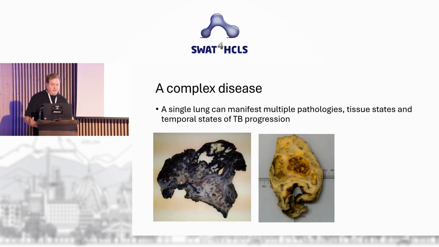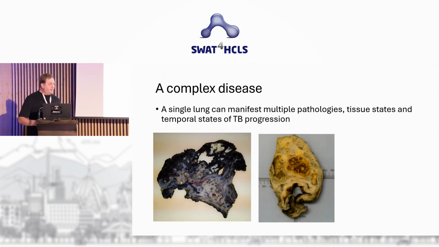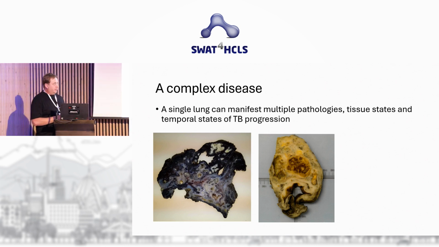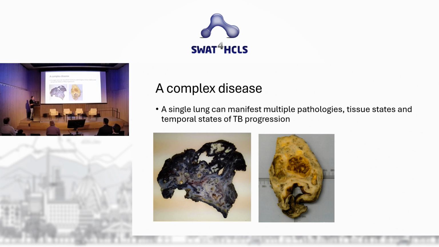In addition to that, TB is a complex disease. So these are 2 lung portions from 2 different patients. And you can see, let me get the laser going, there are various different pathologies that can happen in advanced TB. You can get calcification. I think that's a calcification there. You can get caseous necrosis. You can get fungal infections once you've coughed the necrosis out.